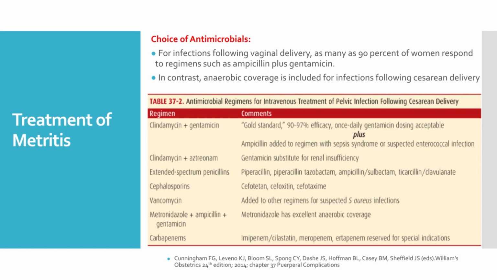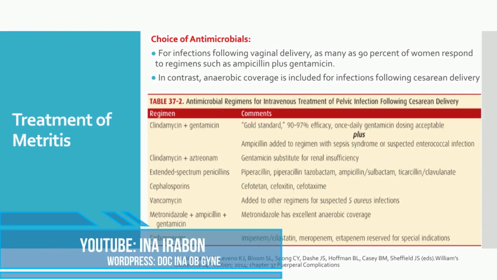The gold standard, of course, is clindamycin plus gentamicin. Ampicillin can also be added to the regimen if there is sepsis syndrome or suspected enterococcal infection. However, if the patient has renal insufficiency and we cannot give gentamicin, then we can give clindamycin plus aztreonam.